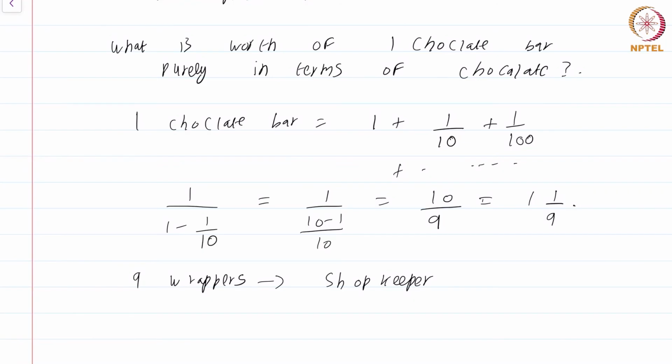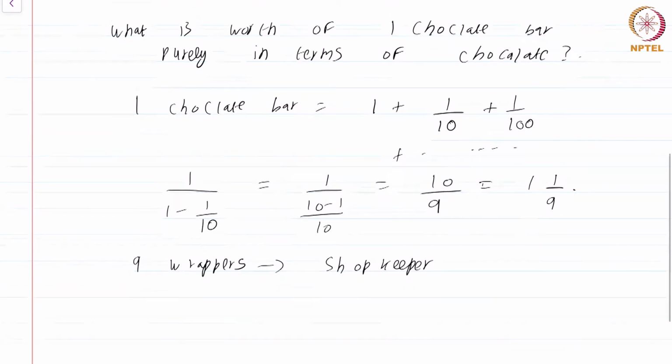From the perspective of the shopkeeper, he has lost nothing. 10 chocolate wrappers is equivalent to 1 chocolate bar. So he has received 10 chocolate wrappers in his hand, and what he has lost is 1 chocolate bar with the wrapper. So this is a fair transaction from the perspective of the shopkeeper. There is no cheating going on.